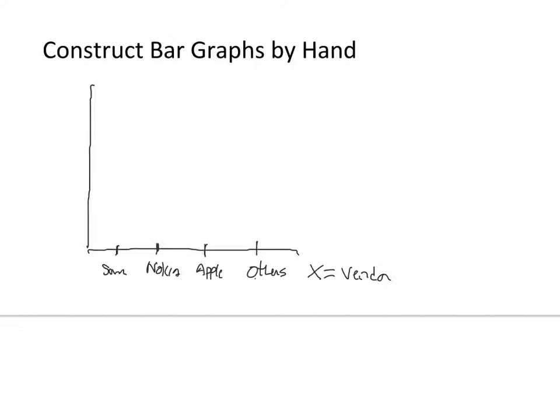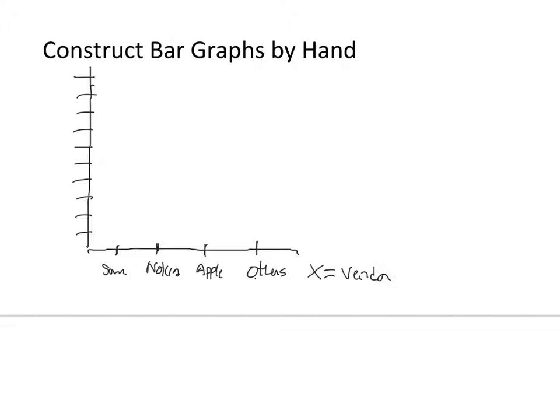On the Y side, I know I have to put in different values for the minimum and the maximum values for my bar chart. 1, 2, 3, 4, 5, 6, 7, 8, 9. Let's make it 10 at least. Maybe I have to go further than that. Let's see.